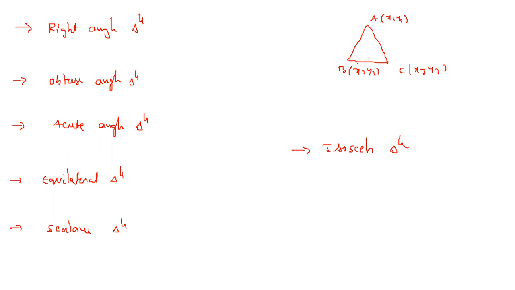Students, with the help of the distance formula, I can calculate BC as a, AC as b, and AB as c. So a, b, c are the three sides of the given triangle, found with the help of the distance formula.